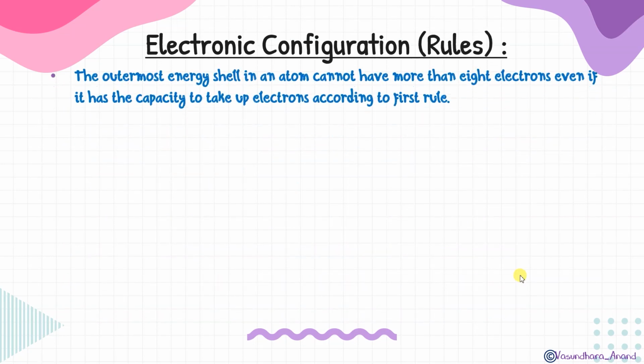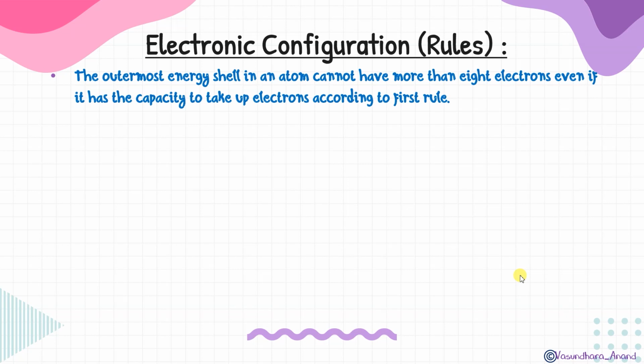But there is some problem in that. The outermost energy shell in an atom cannot have more than 8 electrons, even if it has the capacity to take up more electrons according to the first rule. The first rule was that the K shell has 2, the L shell 8, the M shell 18, and the N shell 32. But another rule, by Bury, says that any shell except K cannot have more than 8 electrons, whether or not it has the capacity.